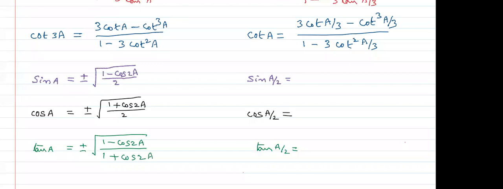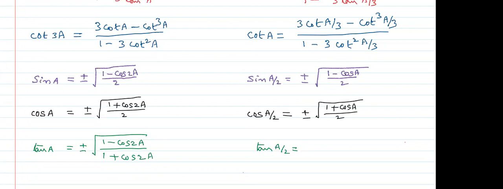Now students, tell me the submultiple angles. Sin a by 2: what is the formula? Plus or minus under root 1 minus cos a divided by 2. Similarly, the cos a by 2 formula is plus or minus under root 1 plus cos a divided by 2.